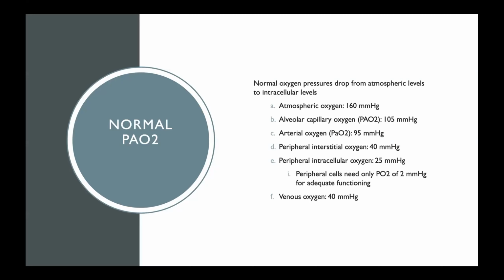This oxygen becomes 40 when it travels along the circulatory system, and peripheral intracellular oxygen is 25. In the periphery, the cells actually need only 2 mmHg of oxygen to function. To deliver just 2 mmHg, we go all the way from 160 down to 2. In the venous blood, we have 40 mmHg oxygen. This is the mean oxygen level.